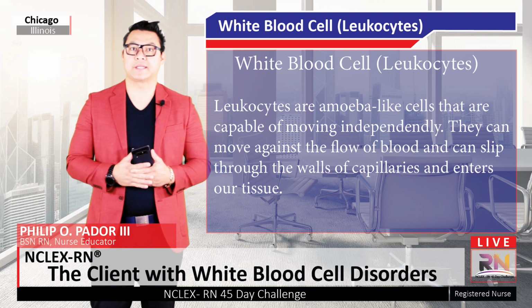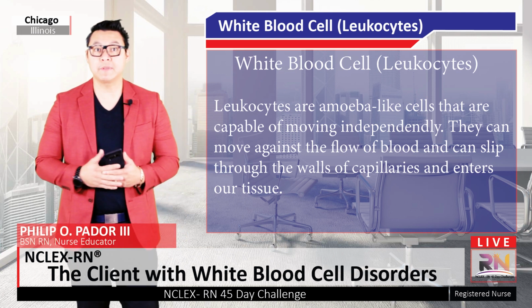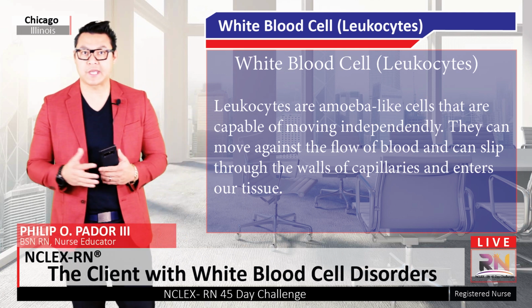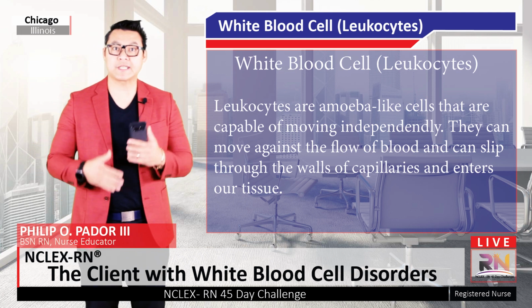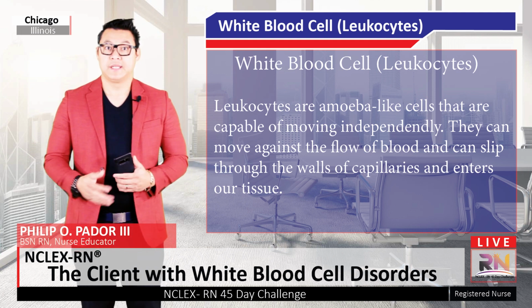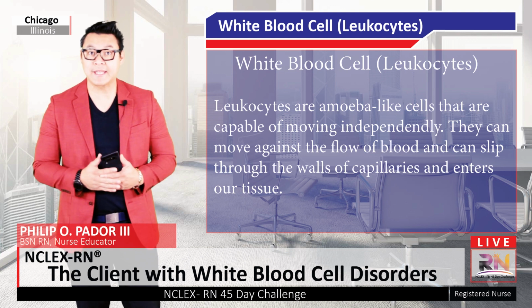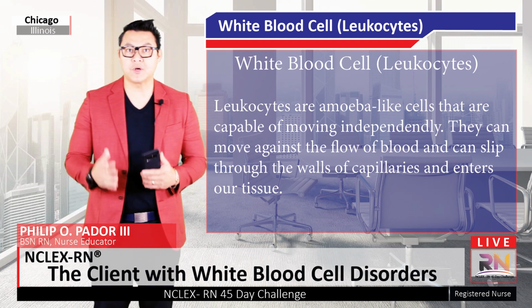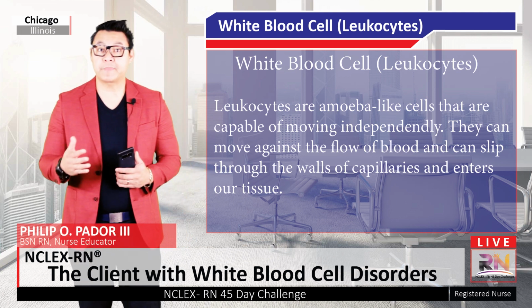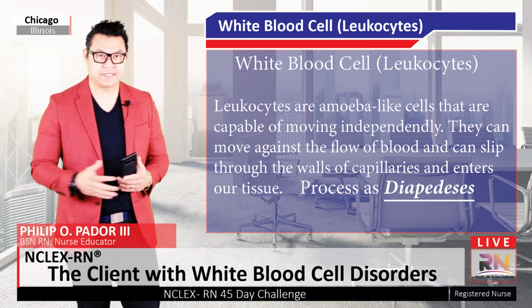And that's important because leukocytes must be able to move from one location to different locations where the infection is actually taking place. Now, the way that leukocytes move across the capillaries from the blood plasma to the tissue, or in reverse, is via a process known as diapedesis.